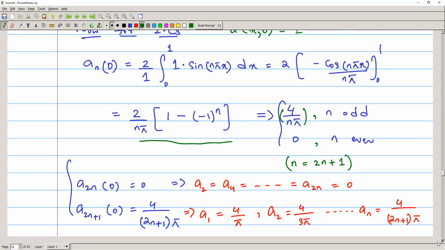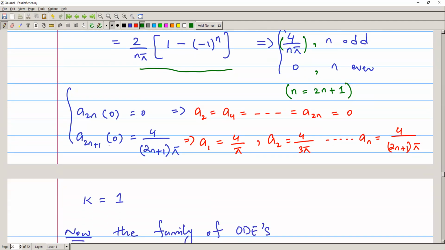It doesn't matter, right? So here we said that for 2n, that is when n is even, all values will be 0, and for a_{2n+1}, that is when n is odd, we have the value 4 over (2n plus 1) times pi.